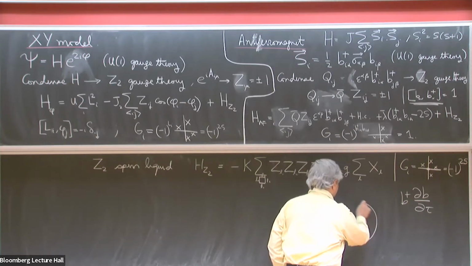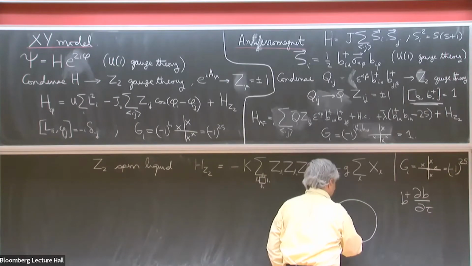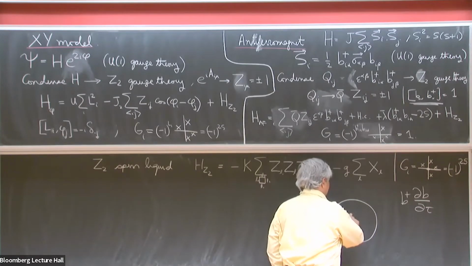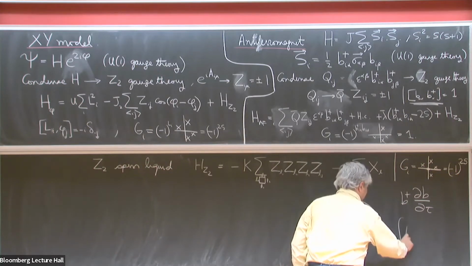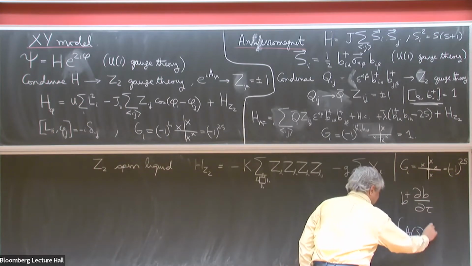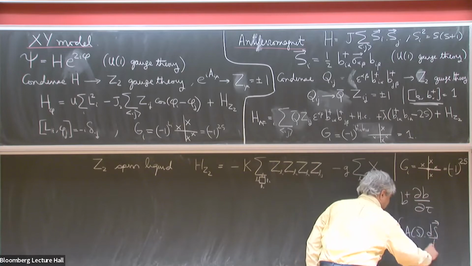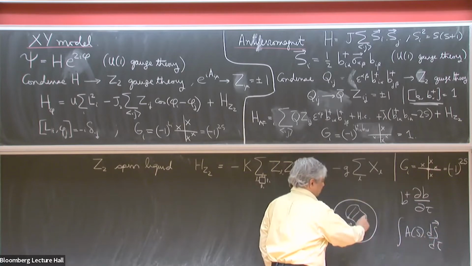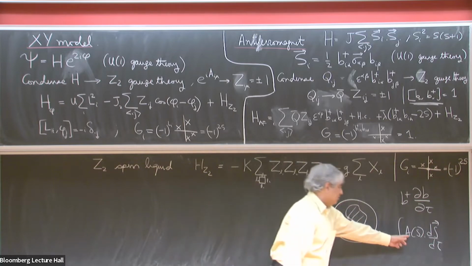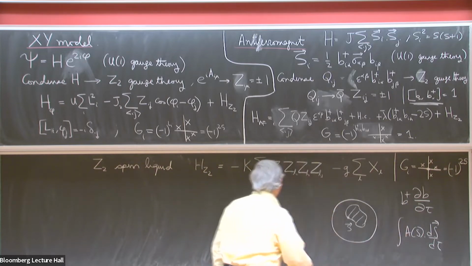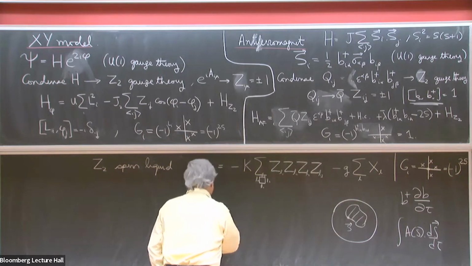If you have a spin on the surface of a sphere, fluctuating in time, then the simplest term is this term, A(S) dS d tau, which just computes the area of the spin precessing on the sphere. But this term is exactly that term, in fact.